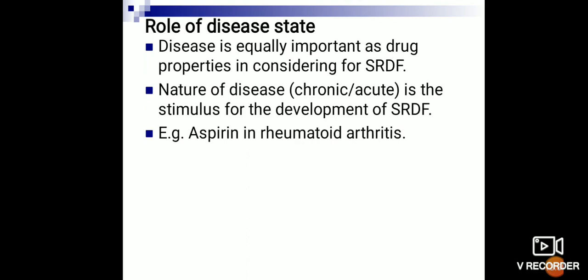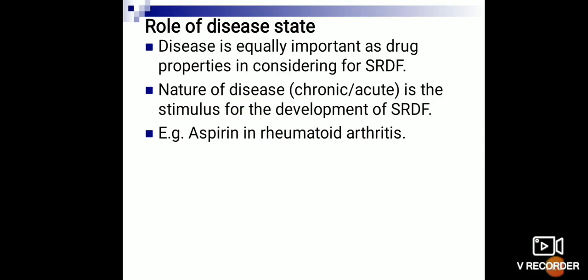Next is the role of disease state. The disease is equally important as drug property in consideration of SRDF. The nature of the disease is the stimulus for the development of SRDF. Aspirin in rheumatoid arthritis is considered.